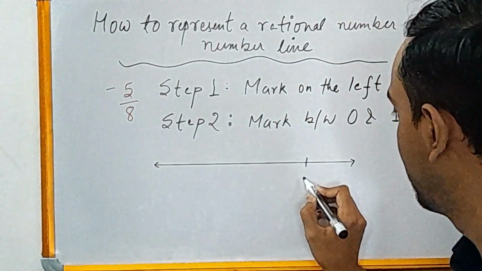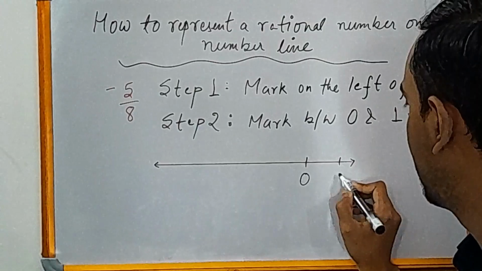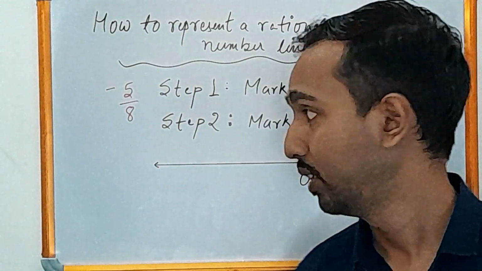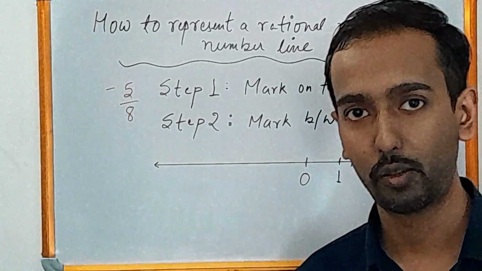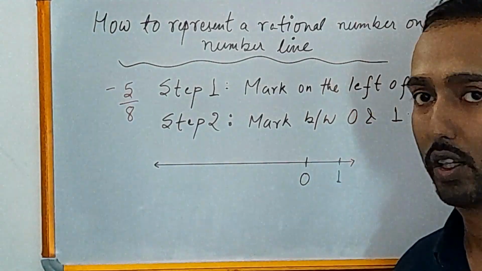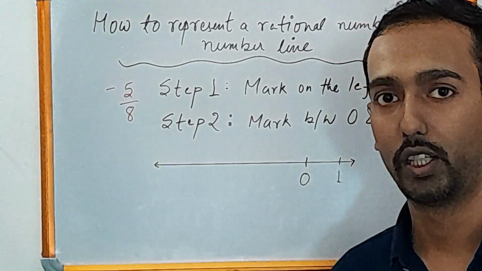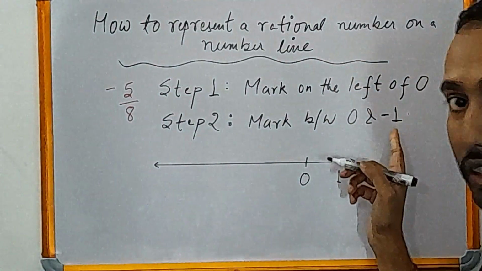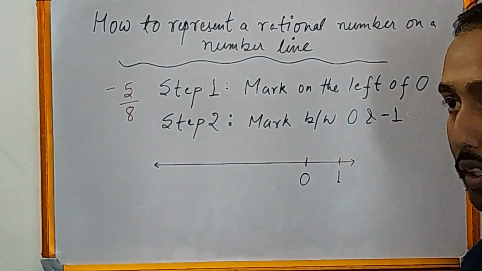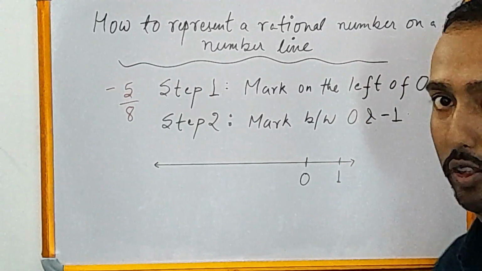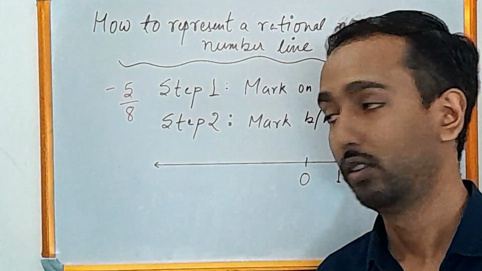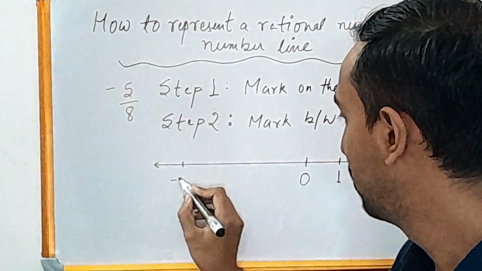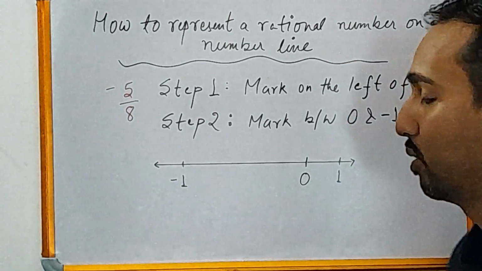Now, another important point that I forgot to mention: since there is a negative sign in front of the proper fraction, our number will not be between 0 and 1, but it will be between 0 and -1. This is an important change. So please correct it in your notebook. So now, here is 0, here it is 1, and here it is -1.